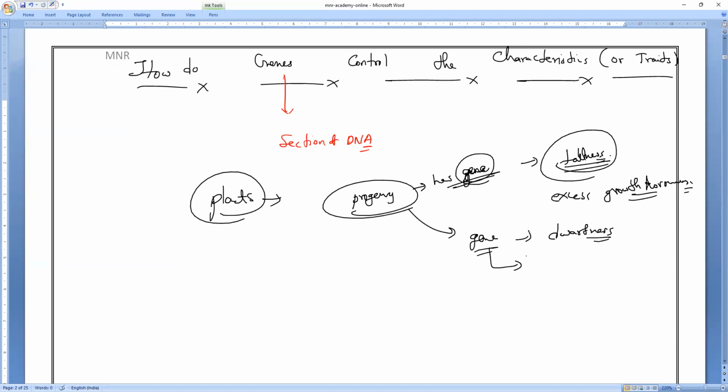This gene will not allow the cells, it will never give instructions to the cells to release the plant hormone. So a very small amount of plant hormone will be released. What will happen, everybody? The plant cannot produce more and more growth hormone. It will produce only very, very little hormone. So it remains short and appears to be what? Dwarf.